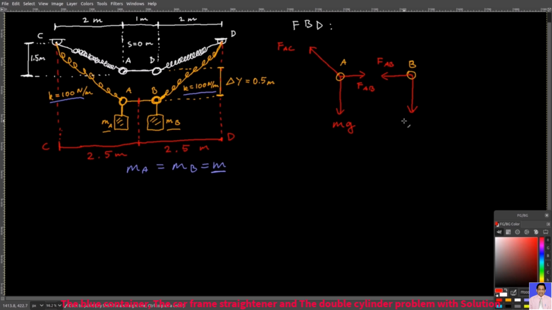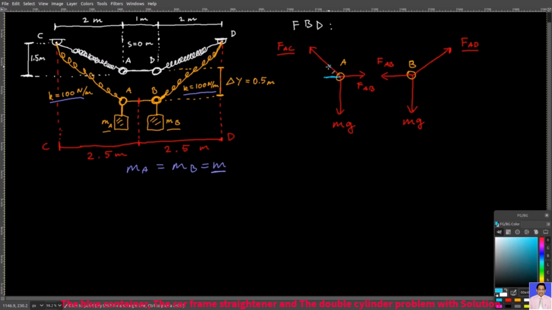And so you have this force of gravity here, mg. Since the masses here are equal, the force of gravity here is also equal. And so you have another force here, FAD. And again, due to symmetry, you know that FAC and FAD are equal to each other. That's because the spring constants are the same. You have 2.5 meters on both sides from this middle point. Both rings are on the same vertical level.